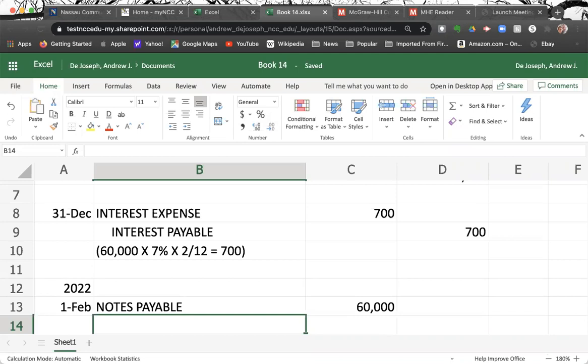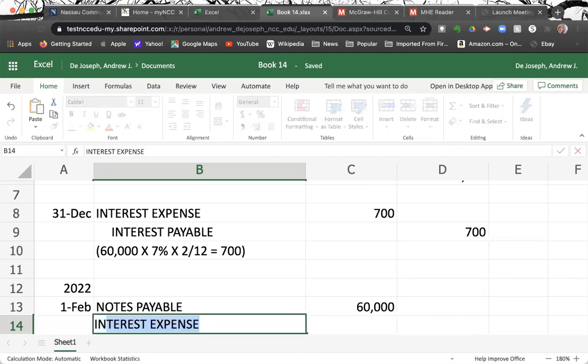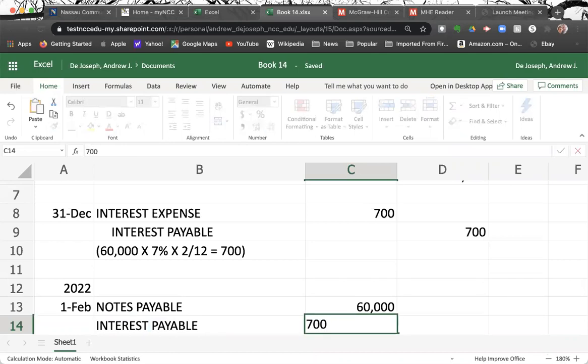However, we have to get rid of that $700. So let me debit interest payable right now. Okay, now that's done.